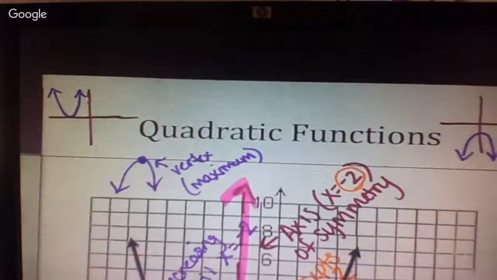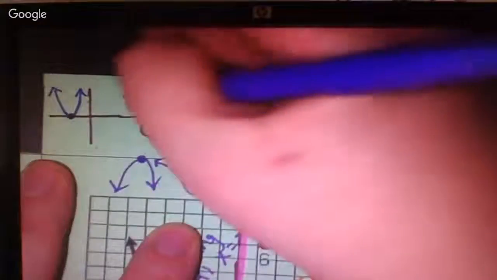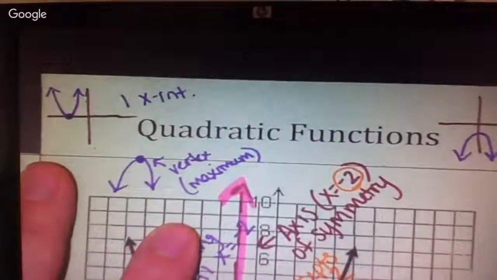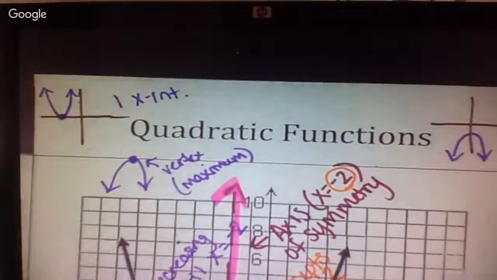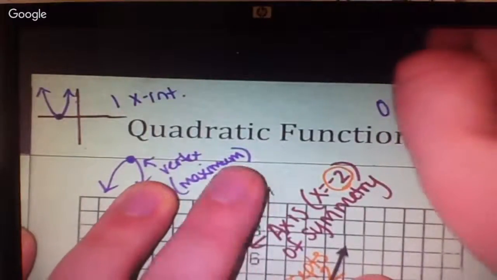Your graph on the left only touches that x-axis once, so there is only one x-intercept. Sometimes you'll have a parabola that won't touch it at all, which means there are 0 x-intercepts.